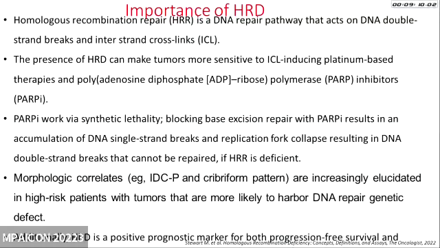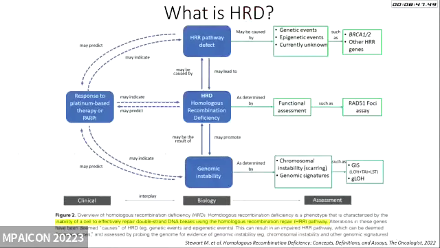The tumors which show these particular molecular events, morphologically, we see them as intraductal carcinoma or cribriform pattern on a prostate biopsy. And additionally, HRD is also a positive prognostic factor for both progression-free survival and overall survival.